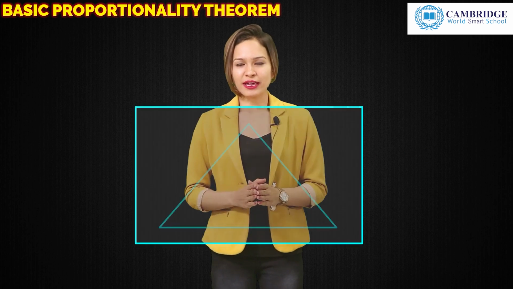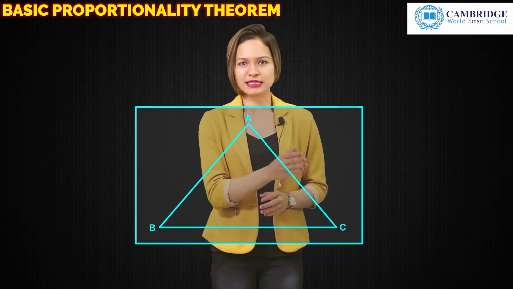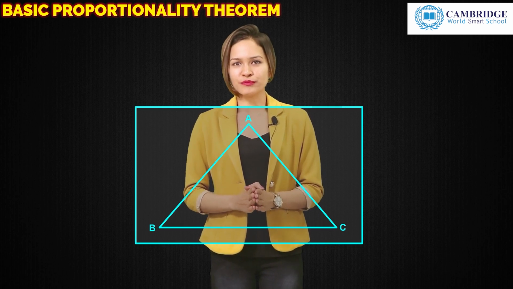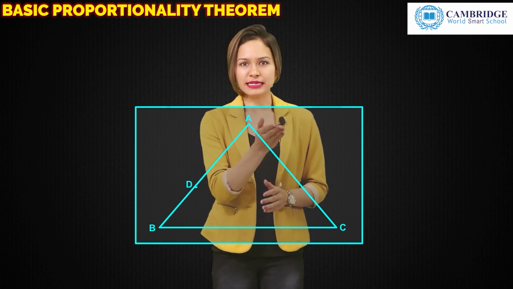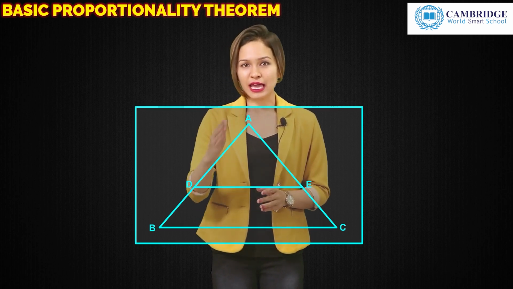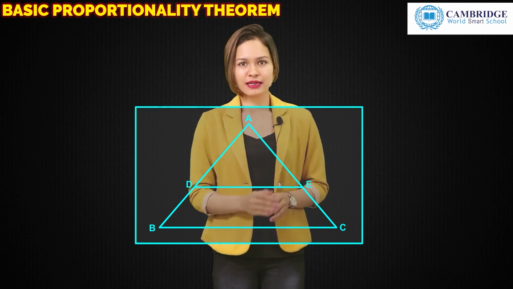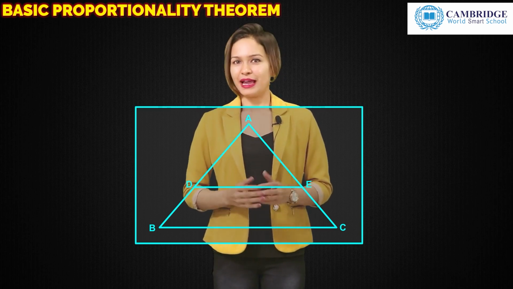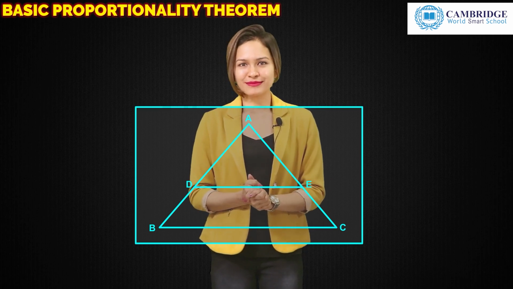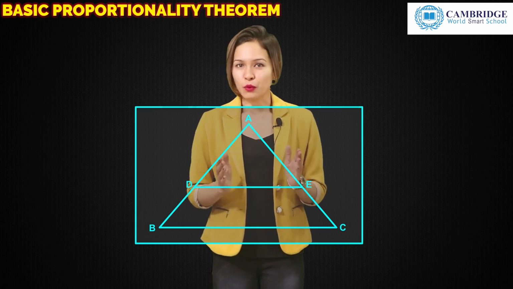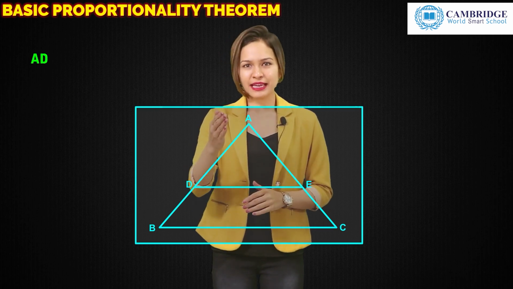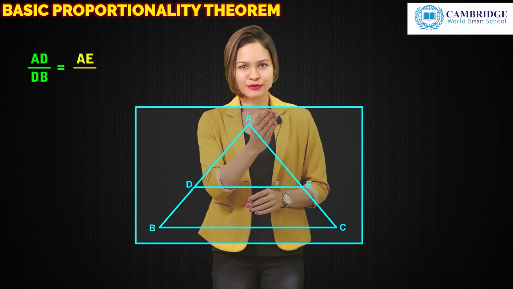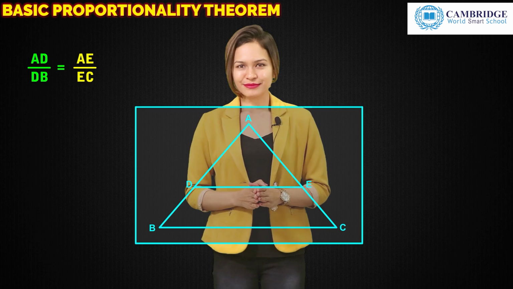So, we have a triangle, say ABC. Then, according to basic proportionality theorem, we will draw a line DE intersecting sides AB and AC at D and E respectively. And what do we need to prove now? We need to prove that AD upon DB is equal to AE upon EC.